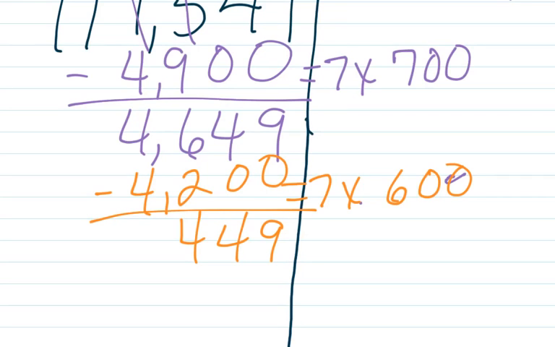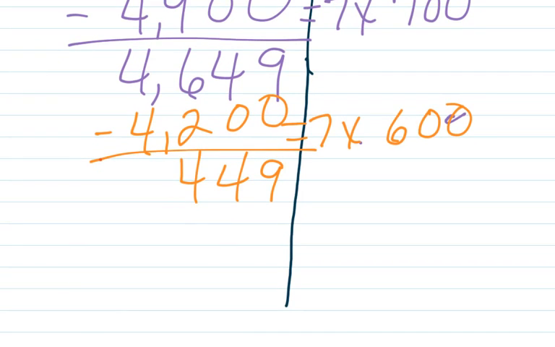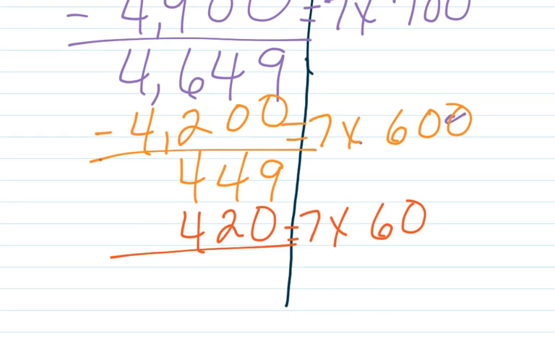Now, here is a sweet thing about using the Big Seven: if you know that 7 times 600 is 4,200, then the only thing you have to do is say, you know what? If I took one of the zeros off and used 7 times 60, that's 420. And if I subtract, that gives me 9, that's 29.